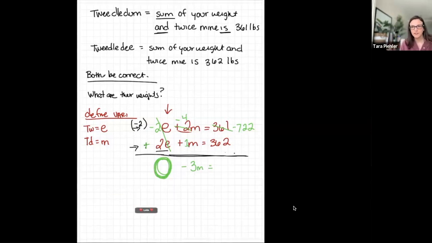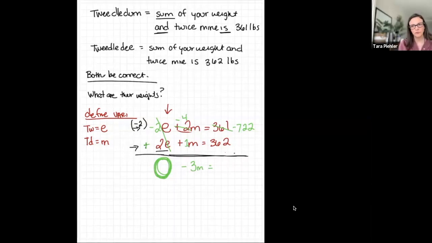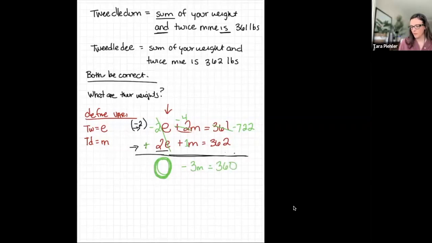Anybody with a calculator? -360. Perfect. That is great because we're dividing by a negative, aren't we? So that's going to make our m positive. And what is -360 divided by -3?